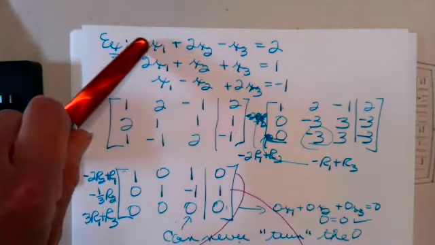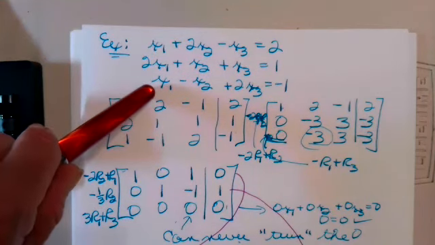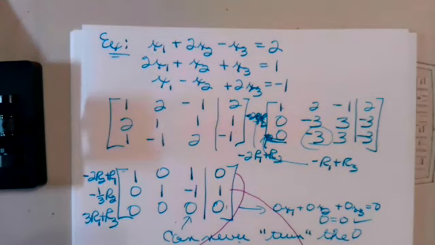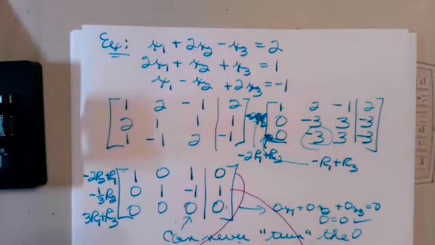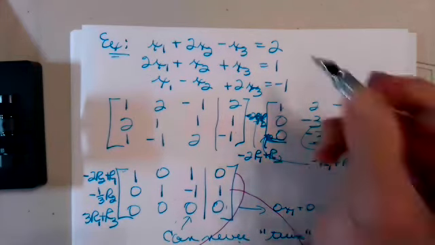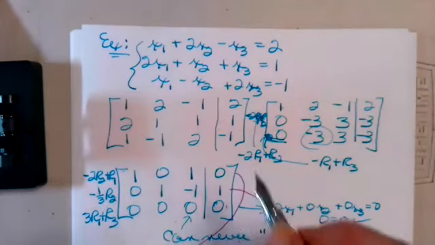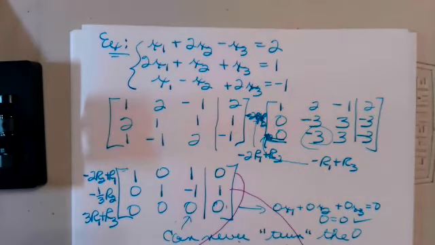So this is one plane, this is another plane, this is a third plane. When you have 3 planes in space, one of 3 things can happen. When you write down and solve them all at the same time, you're saying where do these 3 planes intersect? Three types of things can happen.